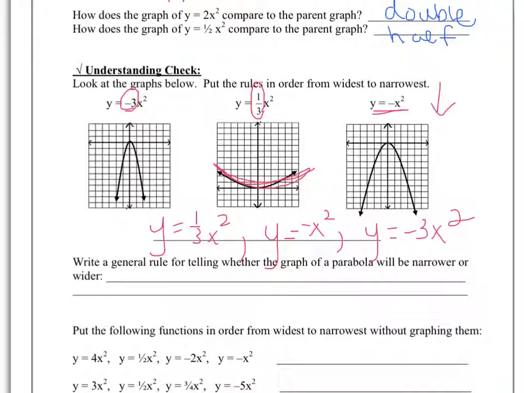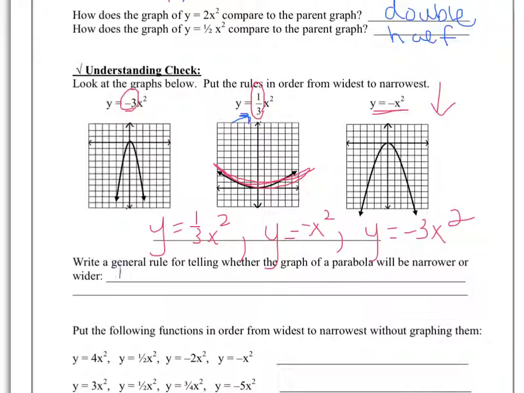Okay, so something that you could have had was that the closer the coefficient, the number in front of x, is to 0, the wider it is. Okay, because we see that when we're multiplying it by a really small number, that's what makes it wider.